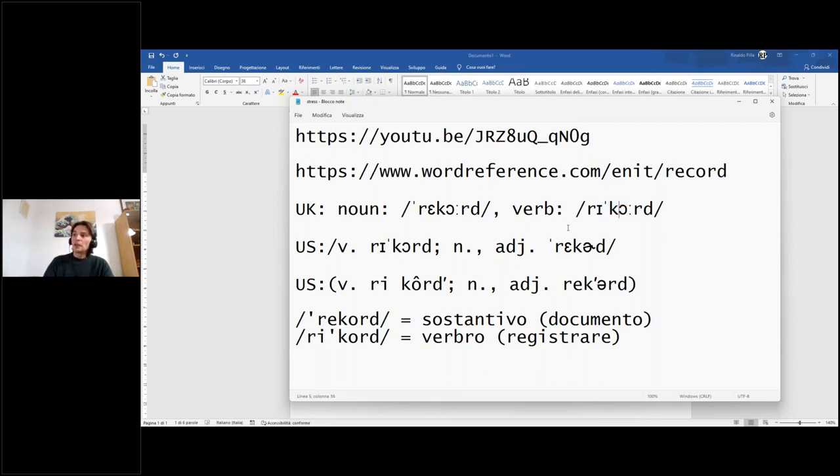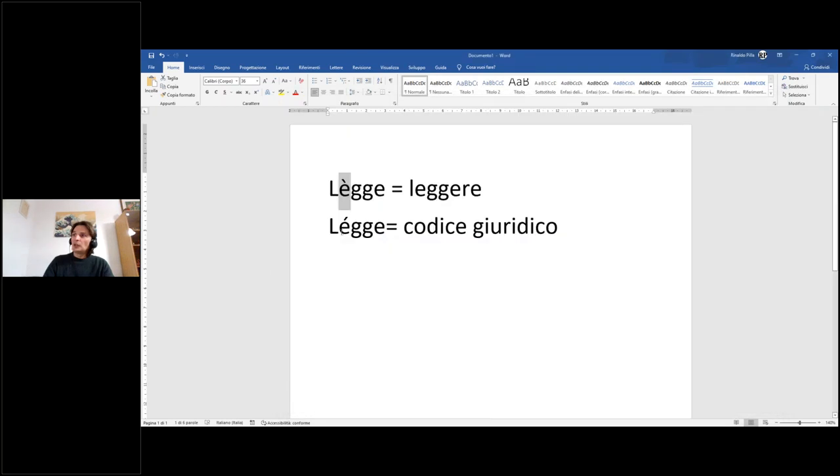Well, in reality, we say e, but it's still an e, right? Record, record. So the second e is difficult to pronounce, right? The e becomes almost a schwa.